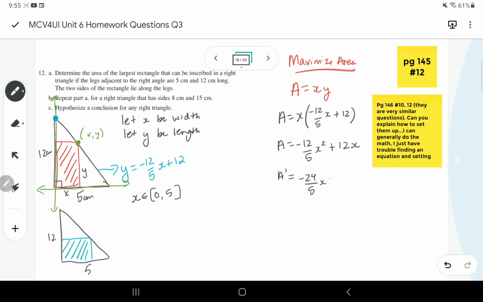A prime is negative 24 over 5x plus 12. And where does that equal 0? So 24 over 5x equals 12. X equals 60 over 24.